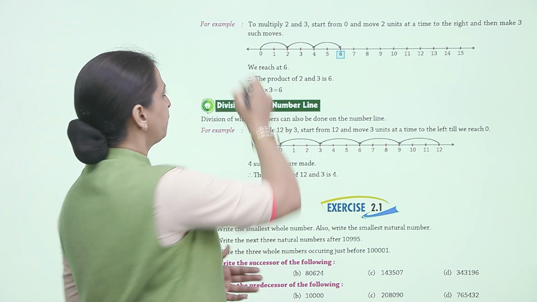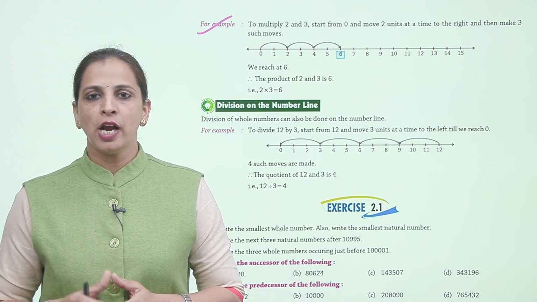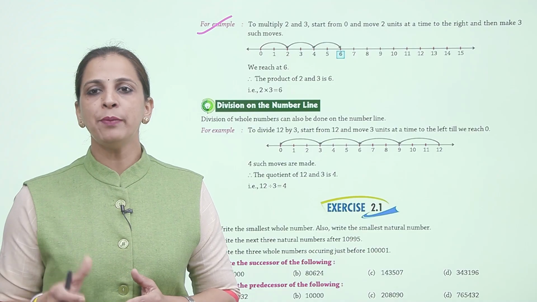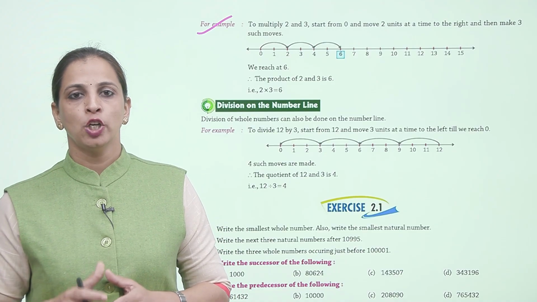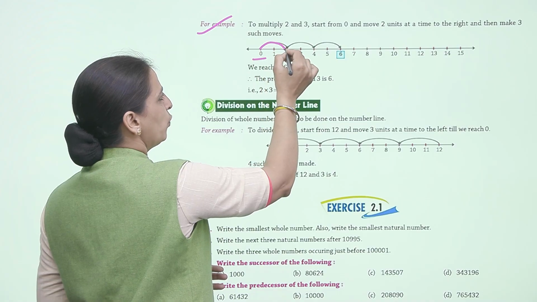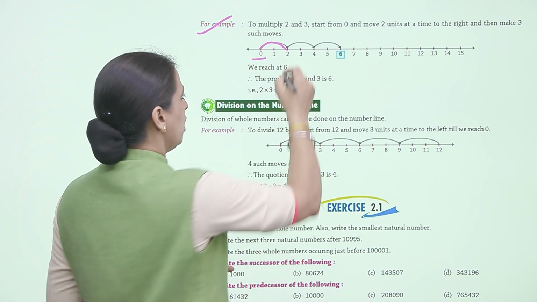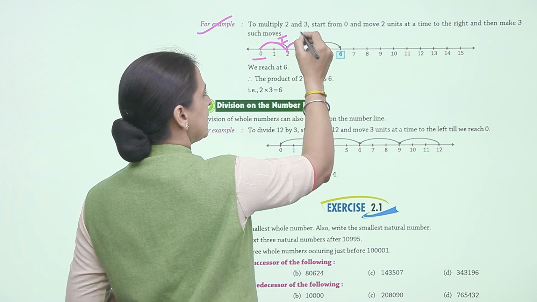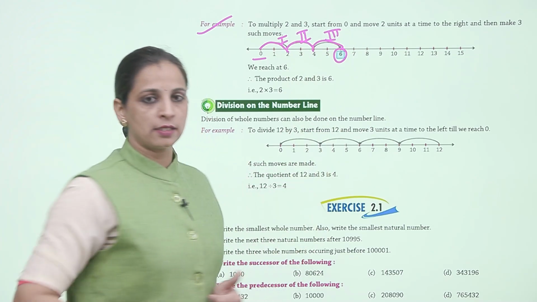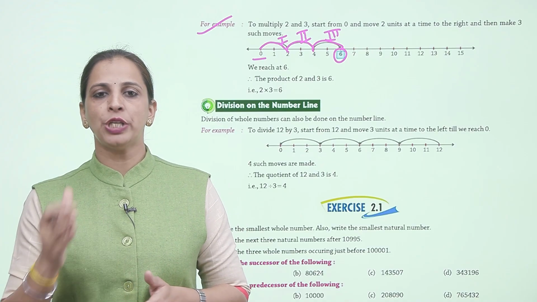For example, to multiply 2 and 3, start from 0 and move 2 digits at a time to the right and then make 3 such moves. 2 3s, तो 0 से स्टार्ट करेंगे और एक साथ 2 मूव लेंगे. फर्स्ट मूव और 3s निकालने तो ऐसे 3 मूव्स लेंगे. फर्स्ट मूव, देन सेकेंड मूव एंड दिस इज थर्ड मूव. वी रीच्ड एट 6. So the product of 2 and 3 is 6. That is 2 3s are 6.